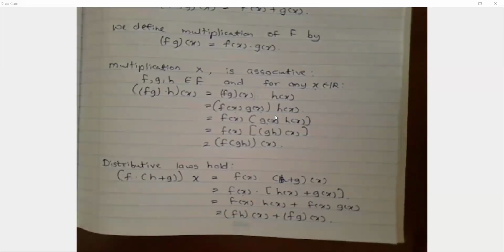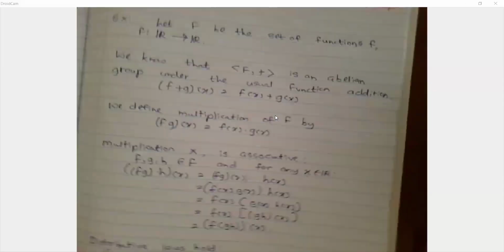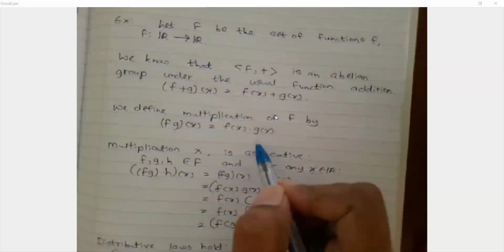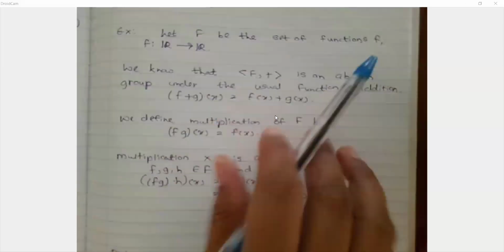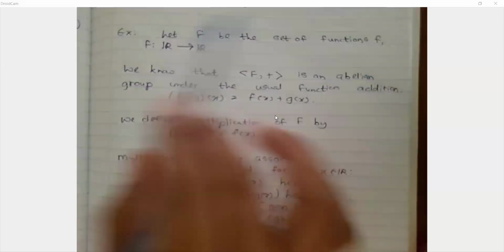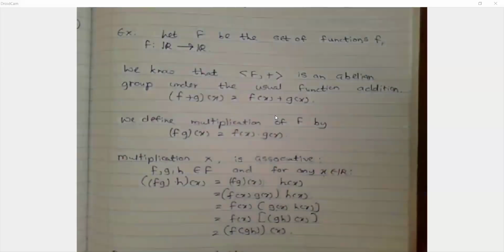So all conditions are satisfied for this particular addition and multiplication defined over F, the set containing all functions f from R to R. So this is a ring.